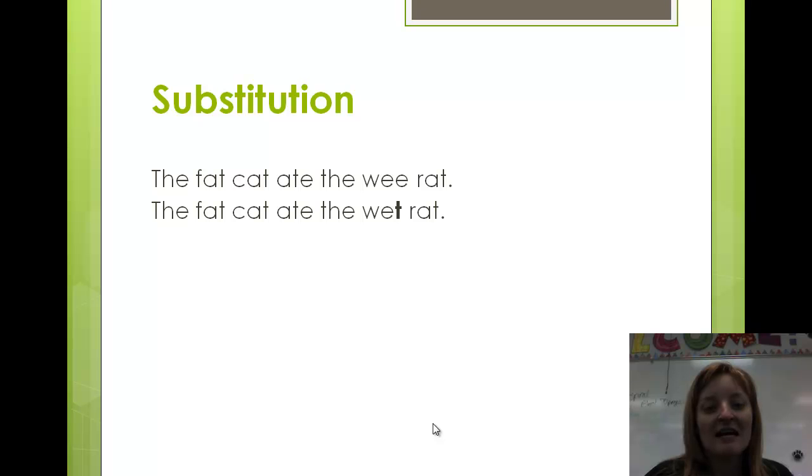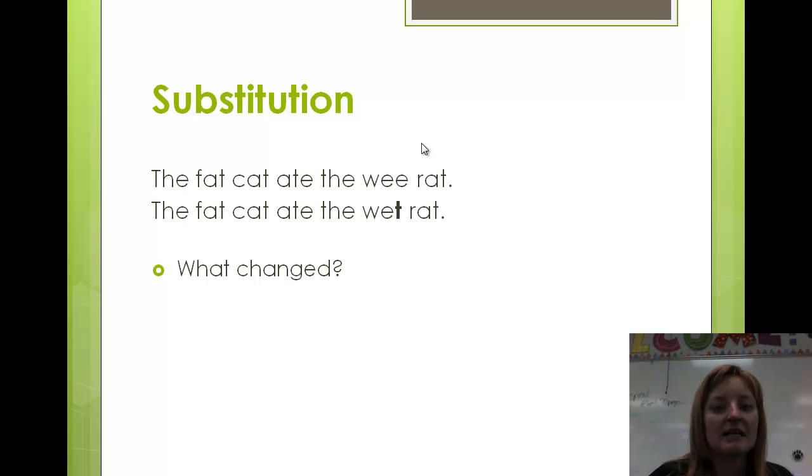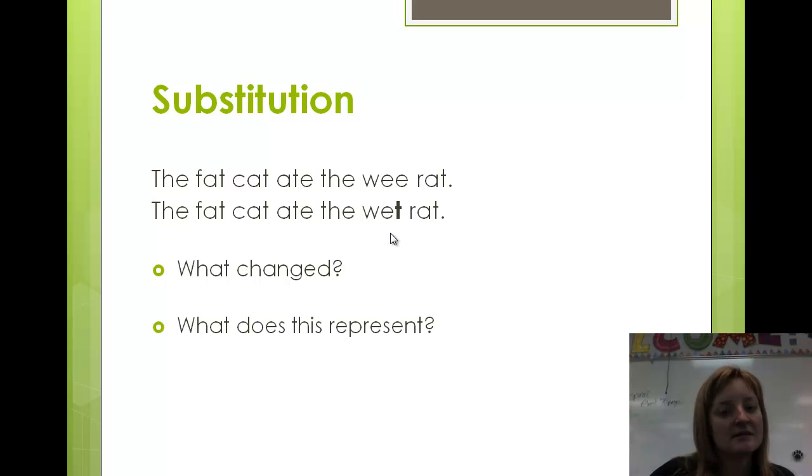The fat cat ate the wee rat was our original DNA. If we have a substitution mutation, an example of that might be the fat cat ate the wet rat. Now, it's still a codon, it's still a sentence, it still makes sense, but now instead of a little rat, we're saying there's a wet rat. All right? So this E base changed to a T, but our sentence still makes sense.